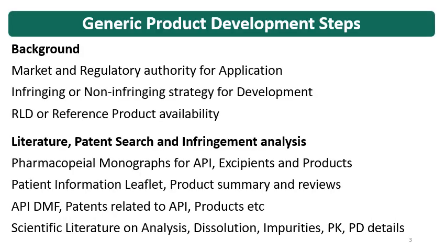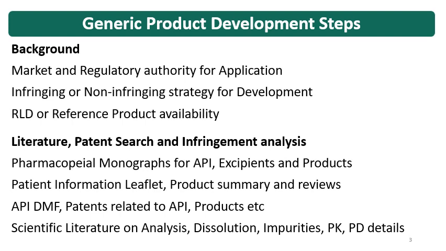See, whenever a generic product comes into development, the market and regulatory authority for application requires to be understood, and it should be very clear. If the product is being developed for multiple markets or multiple countries, then the regulatory authority requirements of each of the countries should be taken into consideration.